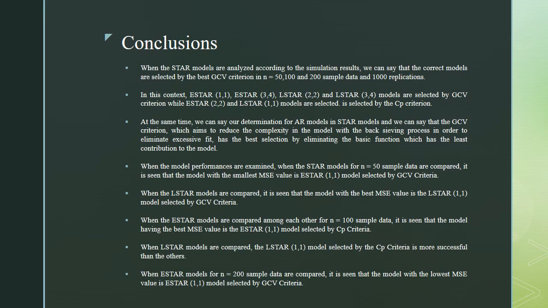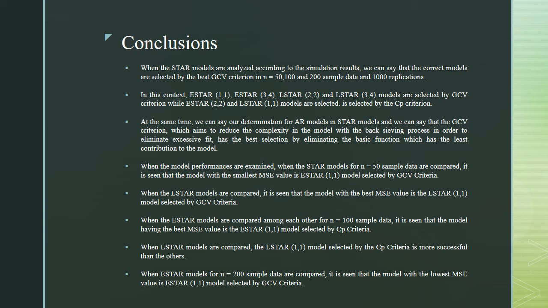When the star models are analyzed according to the simulation results, we can say that the correct models are selected by the generalized cross-validation criterion in 15, 100, 200 sample data and 1000 replications. In this context, A star 11, A star 34, Le star 22 and Le star 34 models are selected by generalized cross-validation criterion, while A star 22 and Le star 11 models are selected by CP criterion.